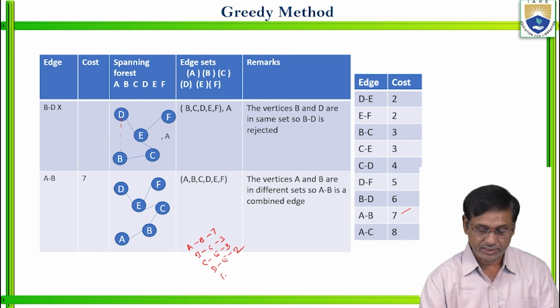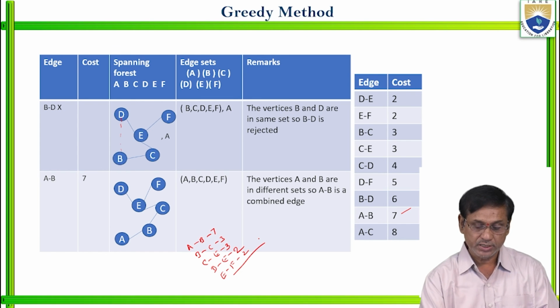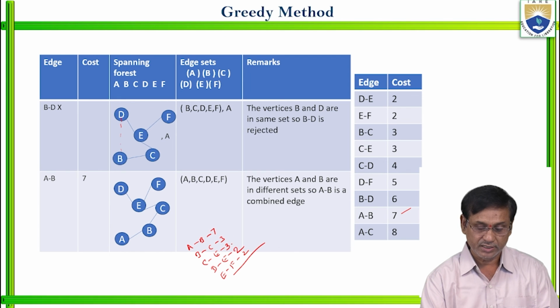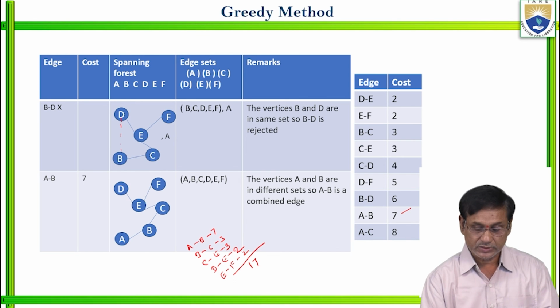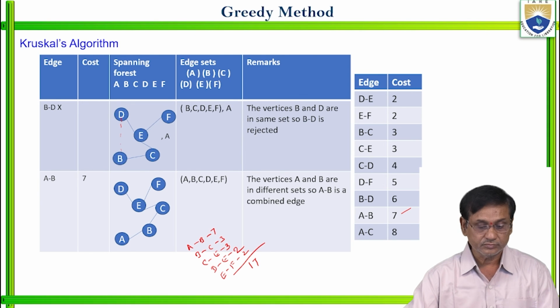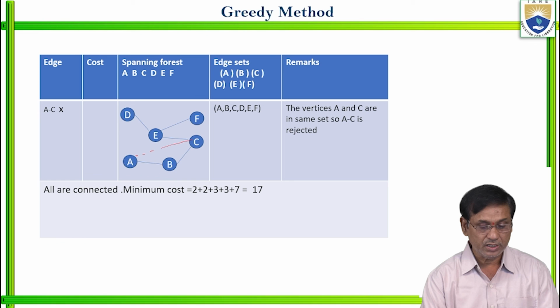EF is connected, that is 2. Now you can find out: 7 plus 3 is 10, plus 3 is 13, plus 2 is 15, plus 2 is 17. So all the vertices are connected and the total minimum distance is 17.